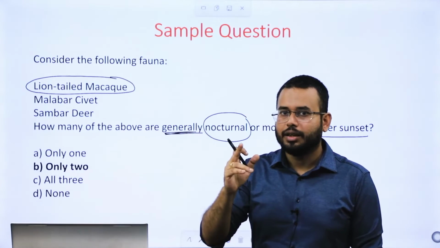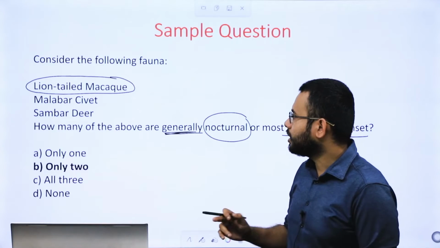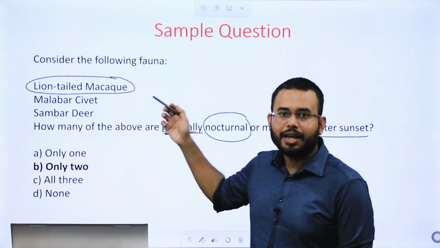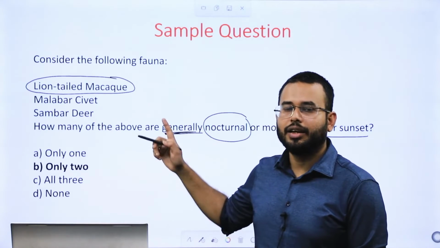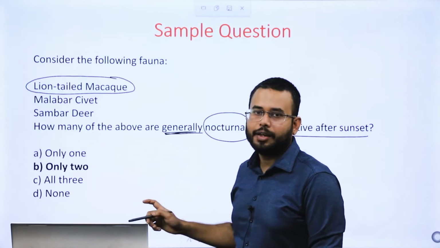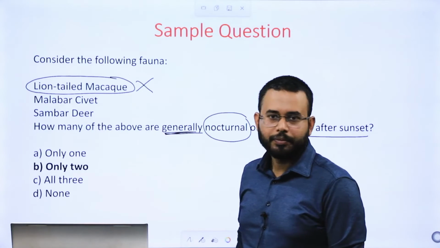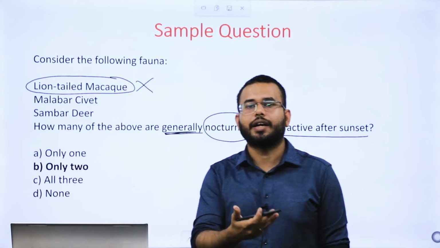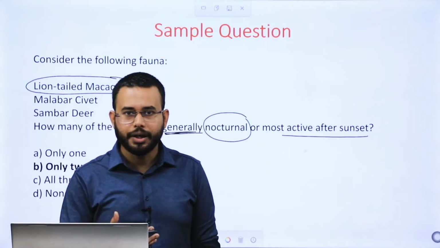So clearly, monkeys are not nocturnal animals. So from that understanding, since lion-tailed macaque is also a subspecies of monkeys, you can say that they will also not be active in the night. So they are not generally nocturnal. Malabar civet, yes, they are active in the night. Sambar deer, they are also active in the night to avoid predators.